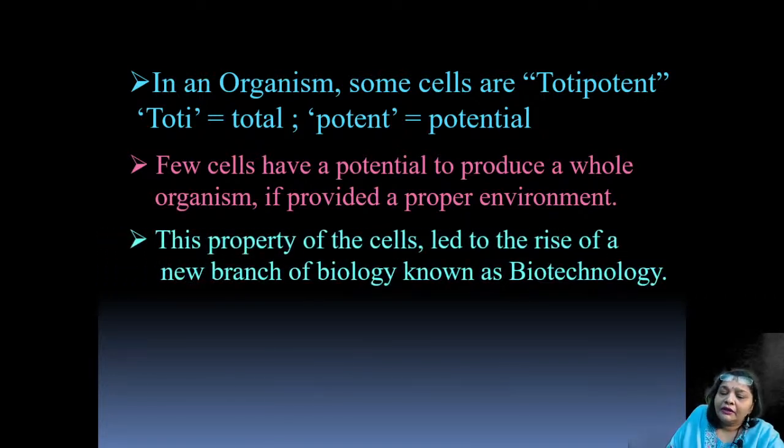Now, this property of the cells, that is the totipotent property of the cells, has led to the rise of a new branch of biology itself, which is known as biotechnology. Initially, we had only studied the structure of a prokaryotic cell and a eukaryotic cell, their organization, and their functions in different conditions.